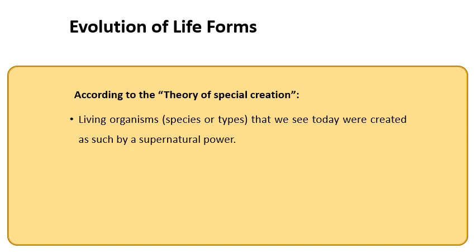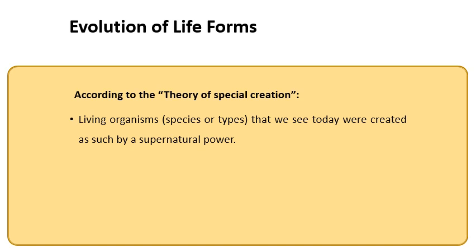New species arise by undergoing a slow and progressive change which requires many years, and these new forms of life originate from their ancestors.